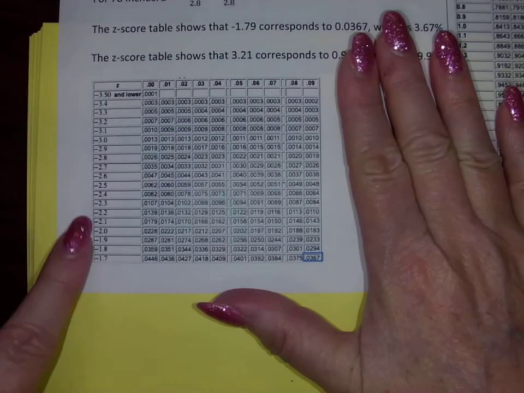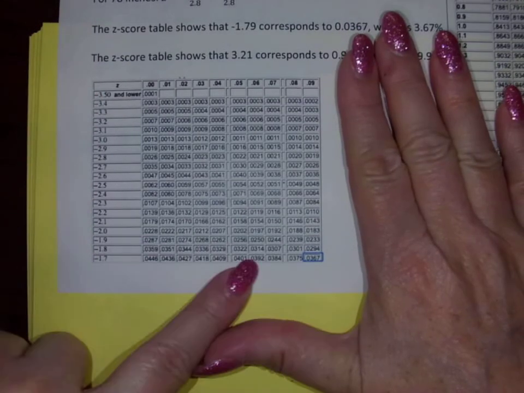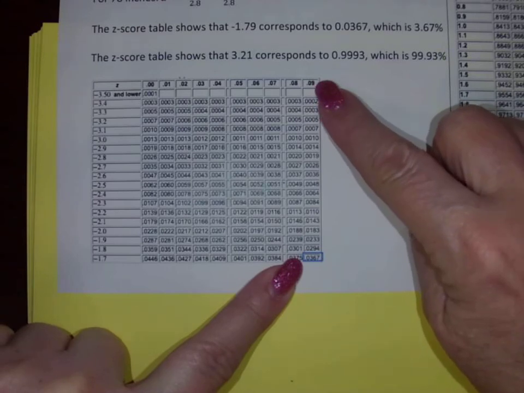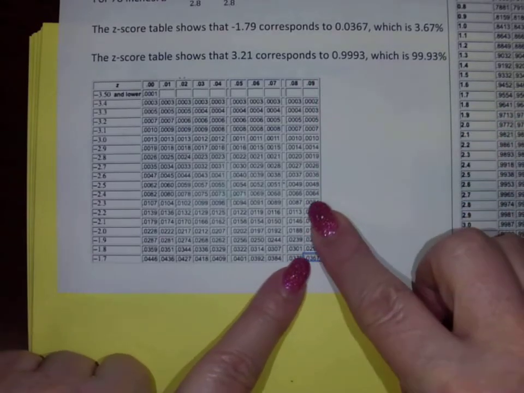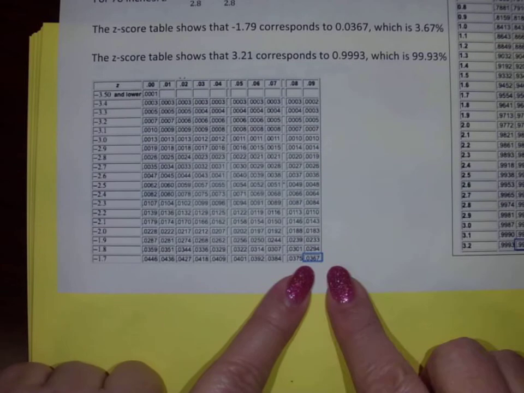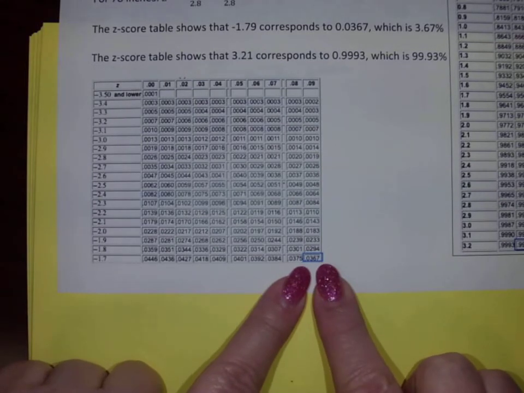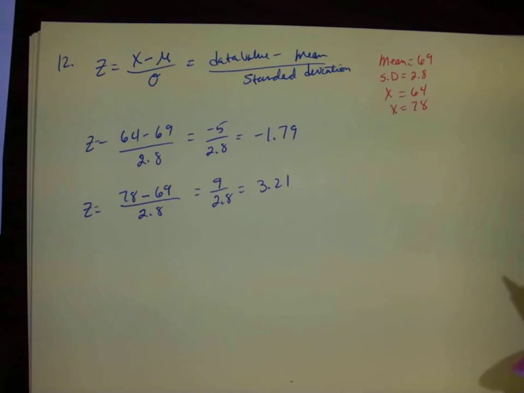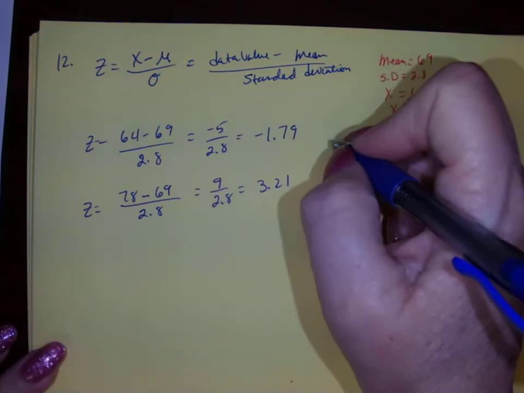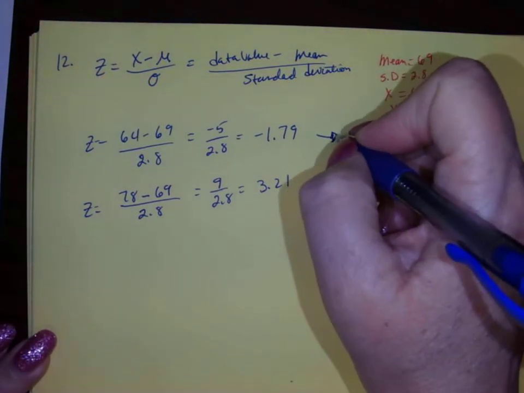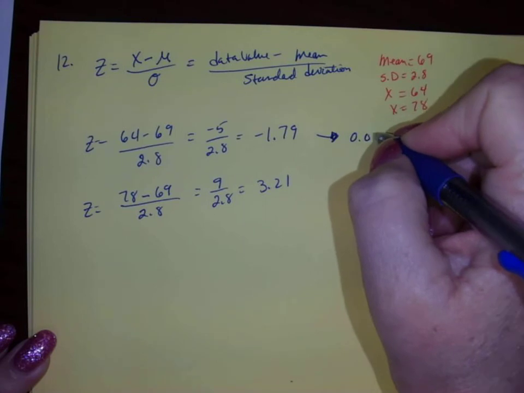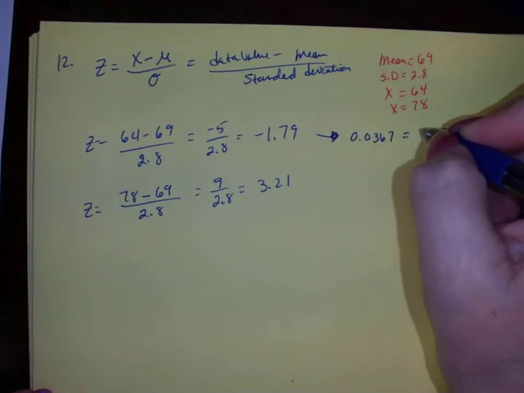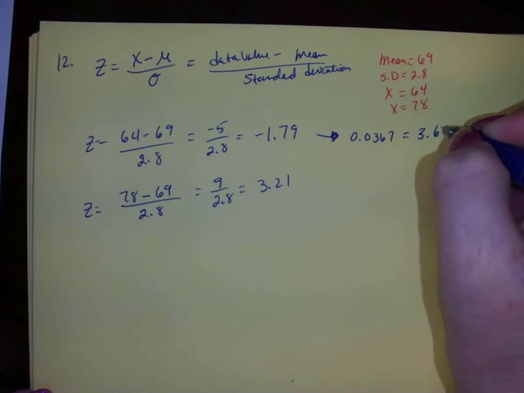So we'll go down to negative 1.7, and then we go over to 0.09 because it's the second decimal, and we pull together, coming across and down, and we end up at 0.0367. So this will become our 0.0367, which then when we change it to a percentage, it'll be 3.67%.